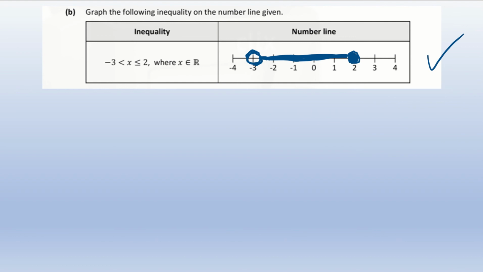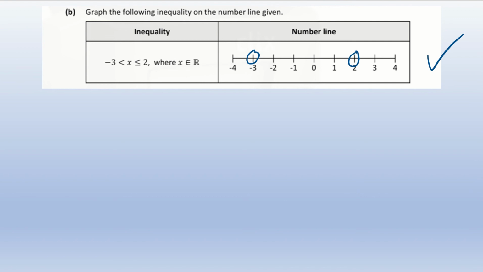So quick recap, if you get something like this in your exam, on your number line, see where it starts and finishes and put a circle around those. Check whether it is real numbers, integers or natural numbers that you're working with.